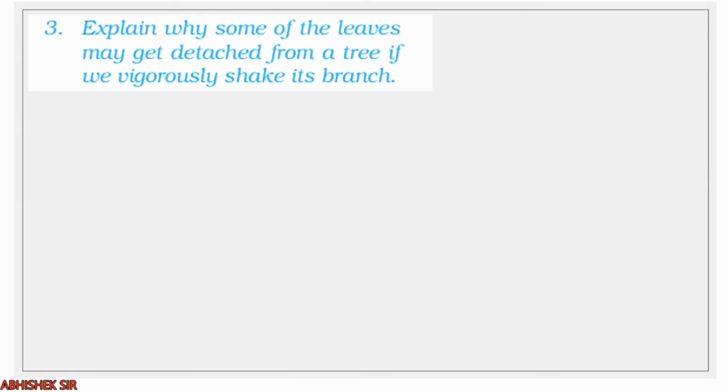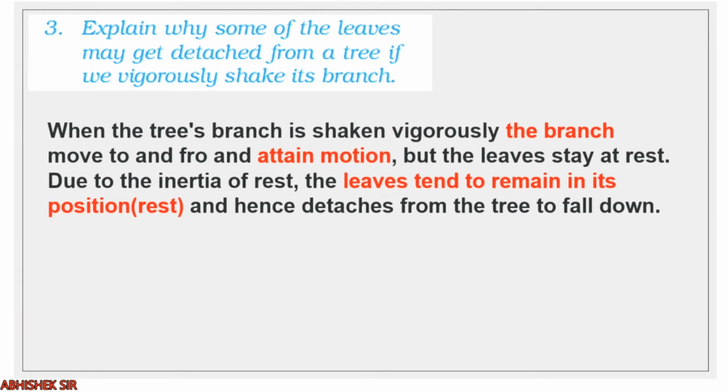Explain why some of the leaves may get detached from a tree if we vigorously shake its branch. So now here we will again recall the concept of inertia. Before we vigorously shake or touch it, both the branch as well as the leaves were in a state of rest. Now what will happen if you shake the branch vigorously?